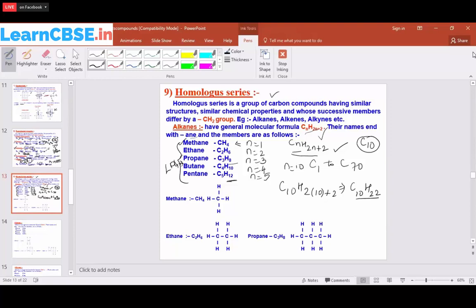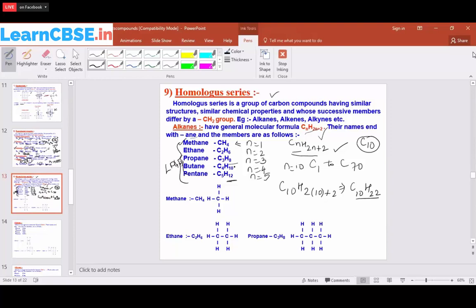In day-to-day life, we use cylinders for cooking, and the LPG cylinders contain liquefied propane and butane. Pentane and hexane are nothing but petrol. Like this, we have diesel, kerosene. Everything is alkanes, which are saturated hydrocarbons, which we use in our day-to-day life. All the alkane family we use for burning purposes.